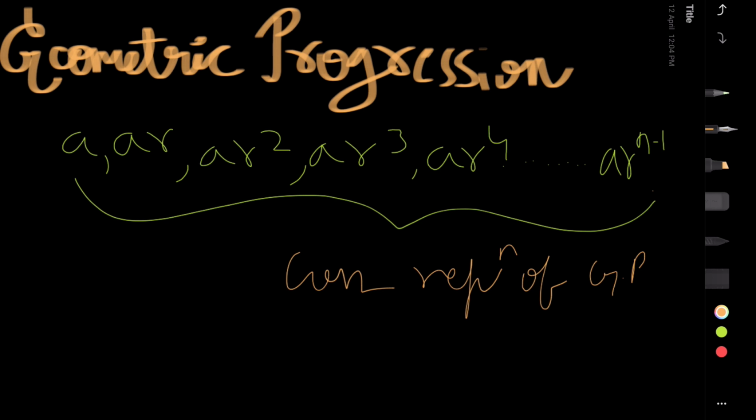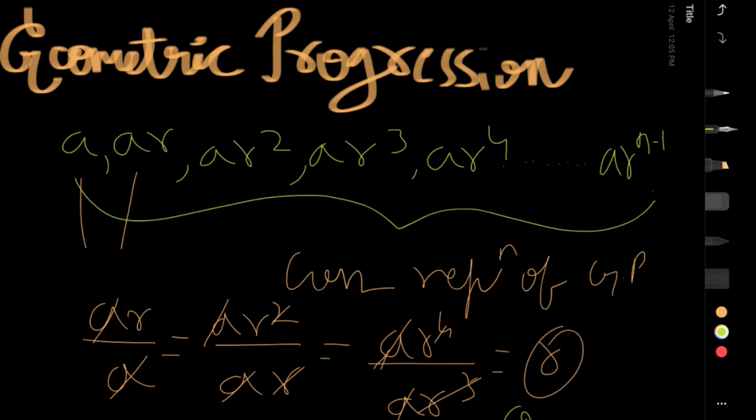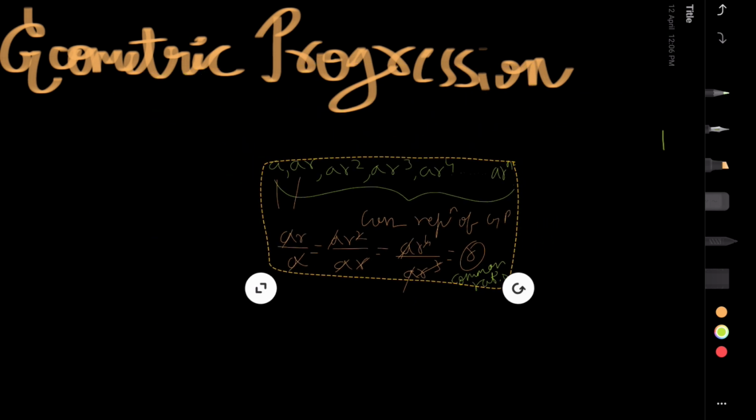Here, when I divide the second term by the first term, that is AR by A, I get the common ratio R. When I divide the third term by the second term, I get the common ratio R. And if I divide the fourth term, AR to the power of 4, by the third term, AR cube, again I get the common ratio R. So the common ratio here is R. Now I think this is clear to you.